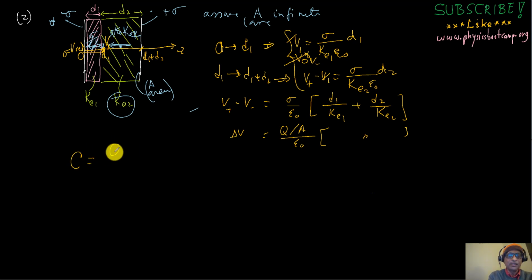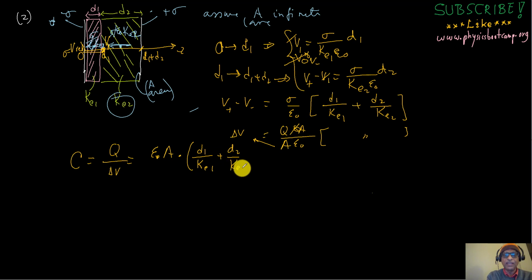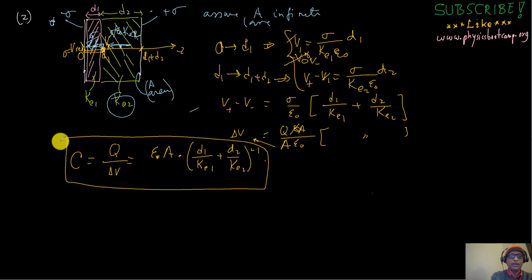Working this out, I'm going to get epsilon naught times A, so this is A over epsilon naught. This goes on the side, and this whole thing inverse of that times D1 over KE1 plus D2 over KE2, inverse. So that's the answer that you would get.